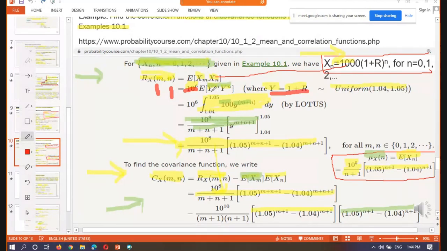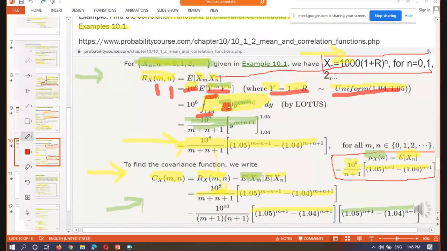So this can be rewritten as y raised to power m plus n, and since y is a uniform, continuous kind of random variable, its expectation will be calculated by integration from a to b, where a is 1.04 and b is 1.05. Then the density function of y equal to 1 plus r is 1 upon 1.05 minus 1.04, which gives 1 upon 0.01, and that is finally equal to 100.